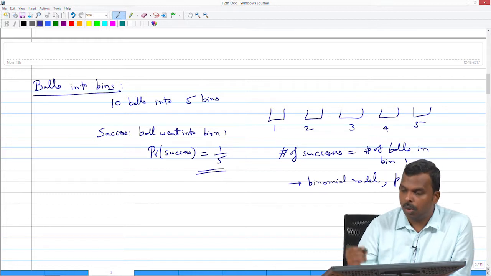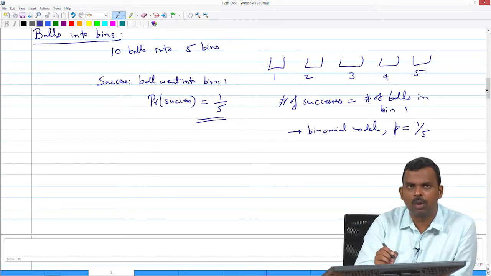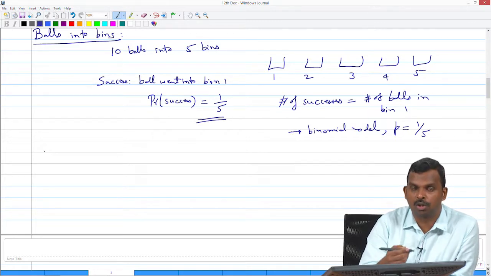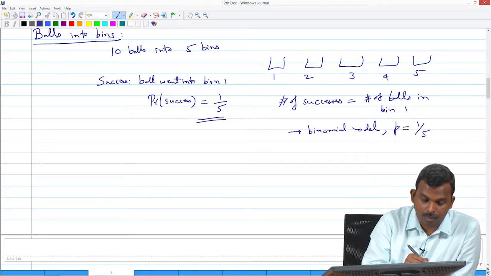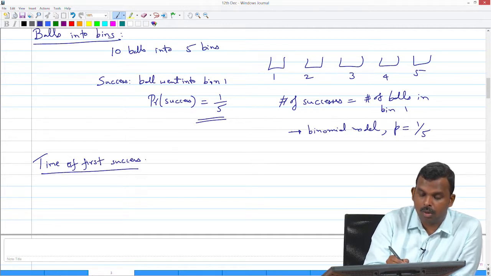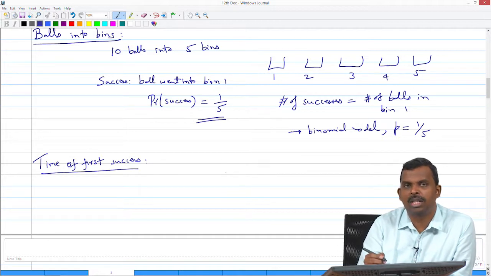So, I want to leave you with one intriguing question about the geometric model. We will come back and look at it a little bit later on. The geometric model usually talks about the time of your first success. It turns out one can define first success in a slightly more complicated way to make the problem more interesting.